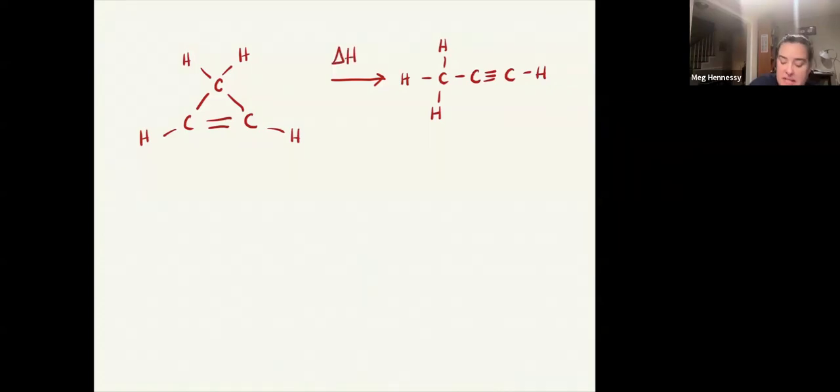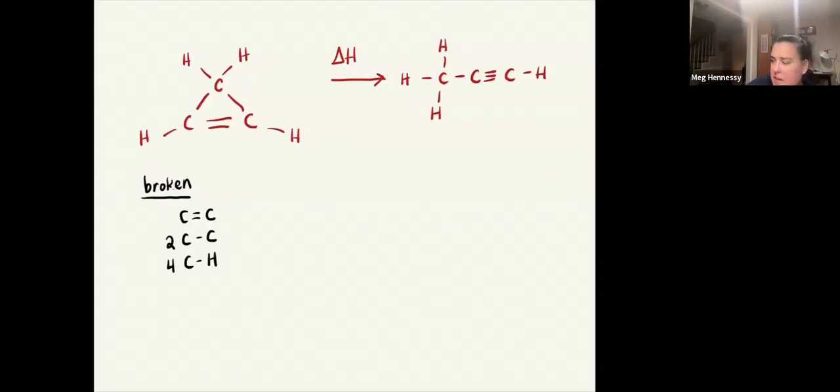And the way I'm going to solve for the delta H, because these are both in the gas phase, is by figuring out if the bonds broken or the bonds formed have a higher enthalpy. Or I'm going to sum up the bonds broken. And here that's going to be a carbon-carbon double bond, 2 carbon-carbon single bonds, and 4 carbon-hydrogen single bonds.